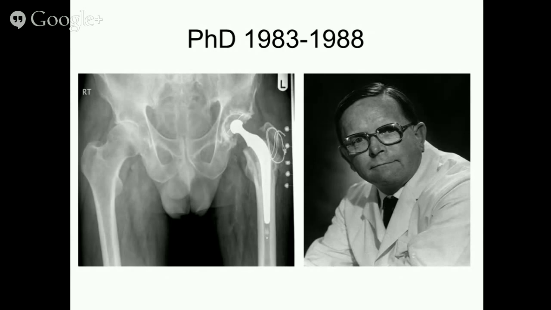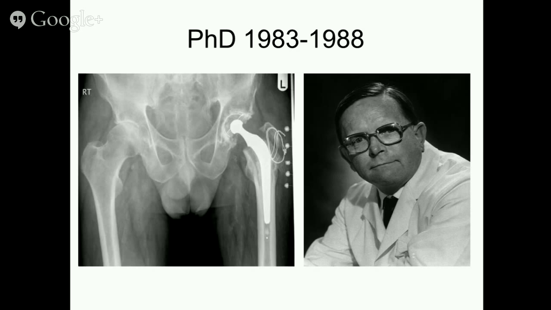And this operation involved cutting off the greater trochanter, opening up the hip joint, putting in the implant in the femur and the acetabulum and cementing them in, articulating the joint, and then at the time rewiring the greater trochanter back onto the rest of the femur.